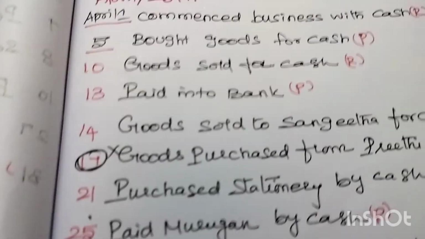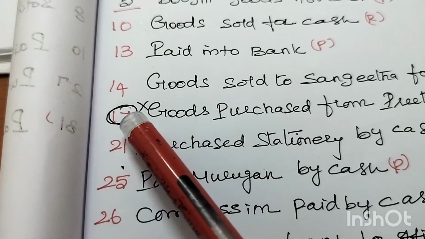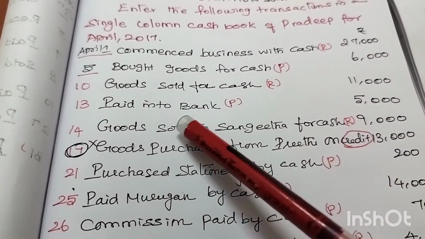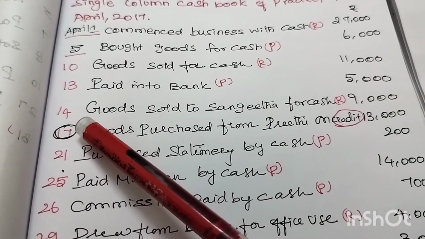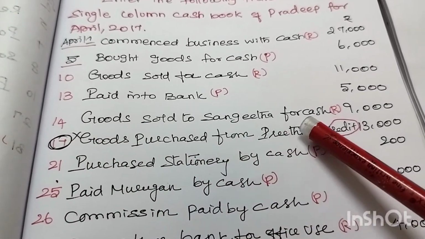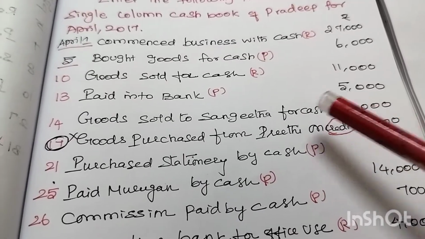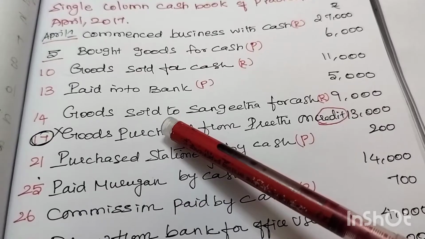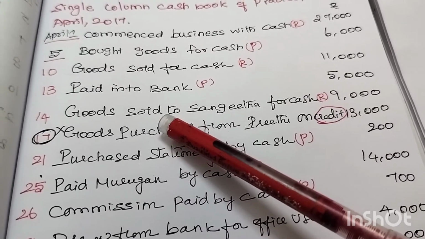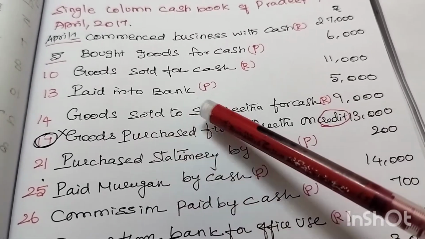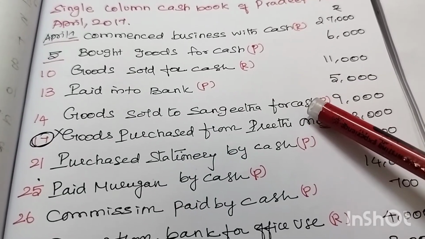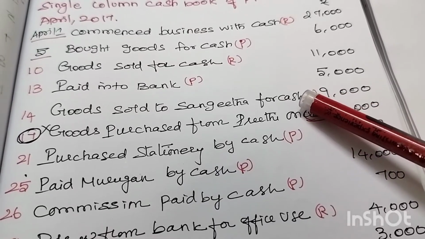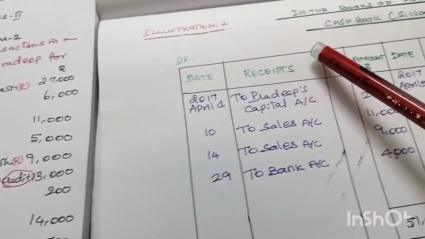The next transaction is 14th, goods sold to Sangeeta for cash rupees 9,000. The journal entry is cash account debit to sales account. Cash is on the debit side, so you go to the debit side.